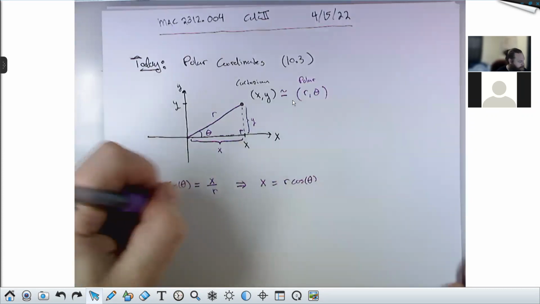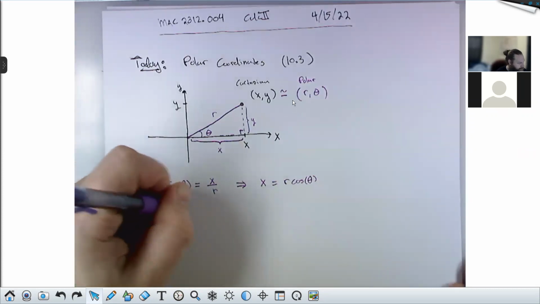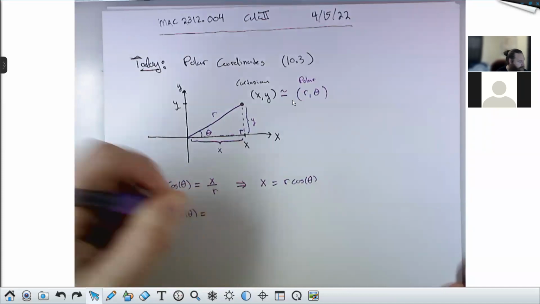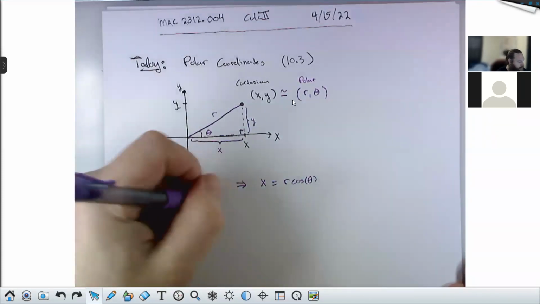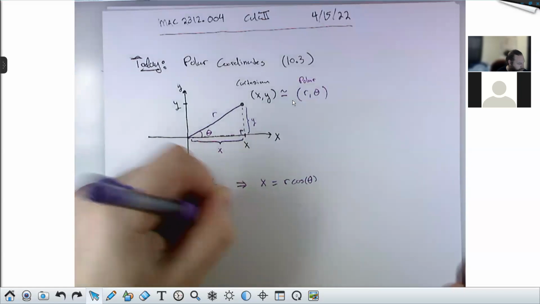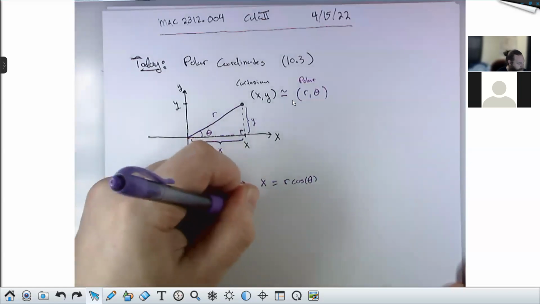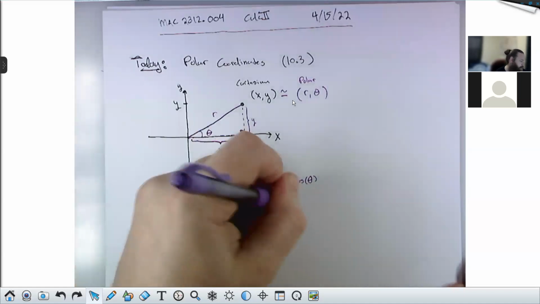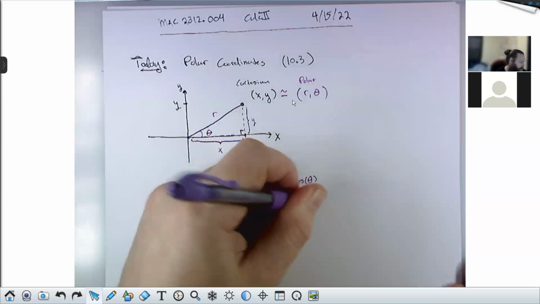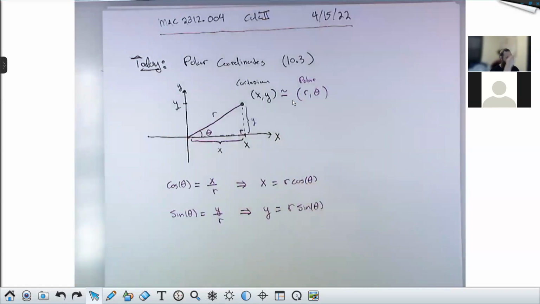And we can do the same thing with the sine of theta. Sine theta is the opposite over the hypotenuse, so sine theta here would be y over r. And I can solve this for y, getting y equals r times the sine of theta.